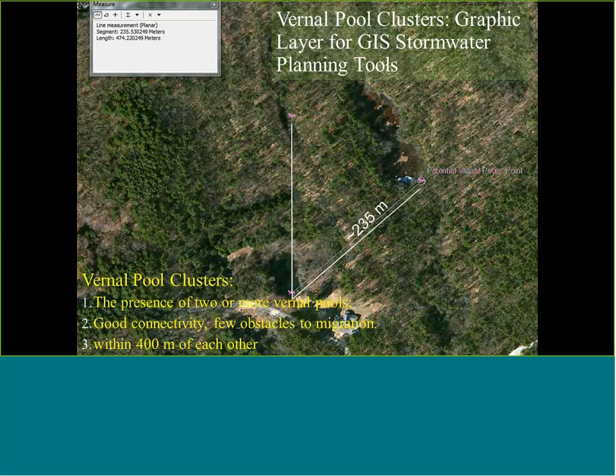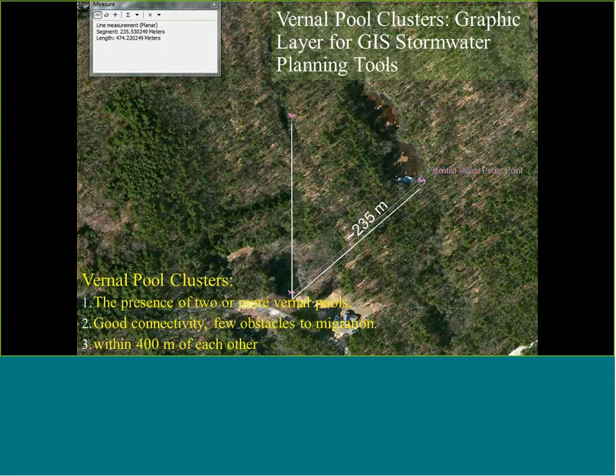With this in mind, we created a vernal pool cluster layer for our maps. To be considered a cluster requires the presence of 2 or more vernal pools mapped by Natural Heritage. It requires good connectivity between pools with few obstacles to amphibian migration, such as roadways and buildings.